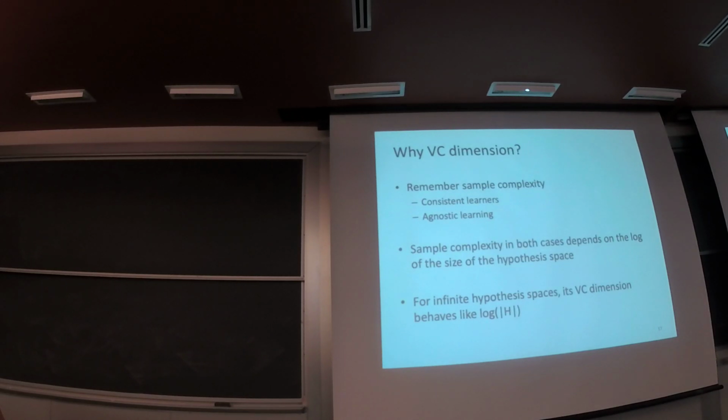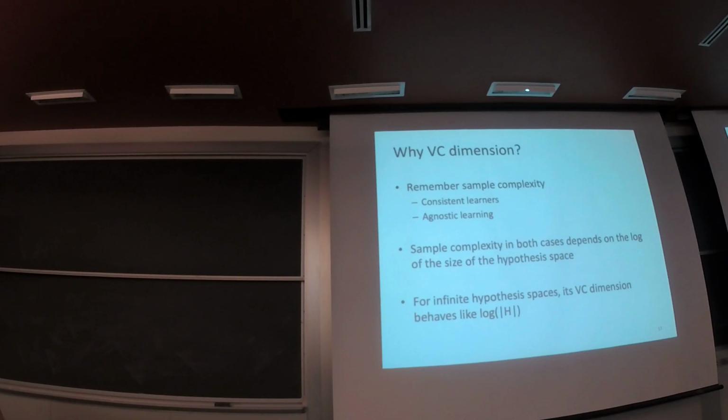So now we have introduced the concept of VC dimension, and it is motivated by the sample complexity for consistent learners and finite hypothesis spaces. We found that the sample complexity depends on the log of the size of the space, which is not practical enough because many learning algorithms require infinite hypothesis spaces.